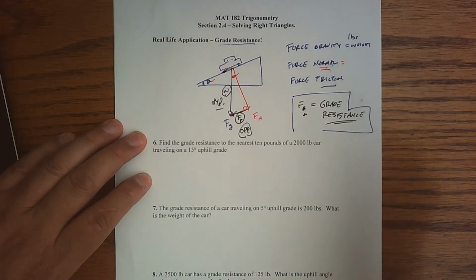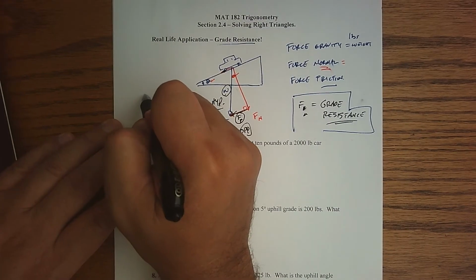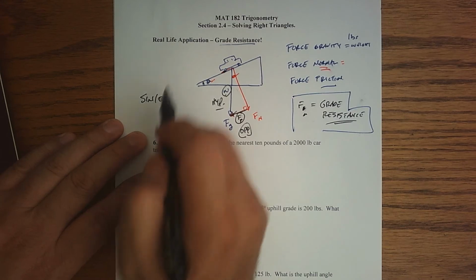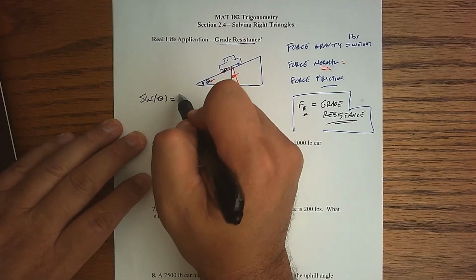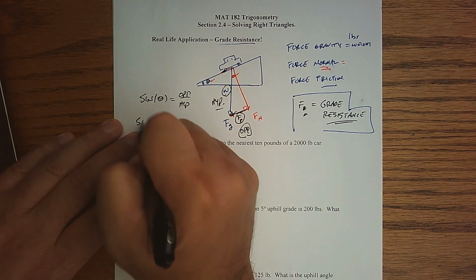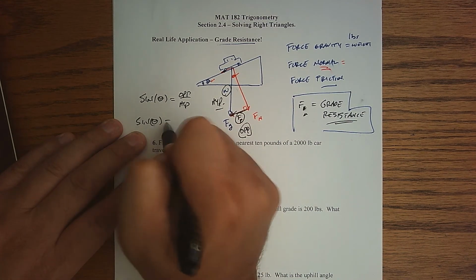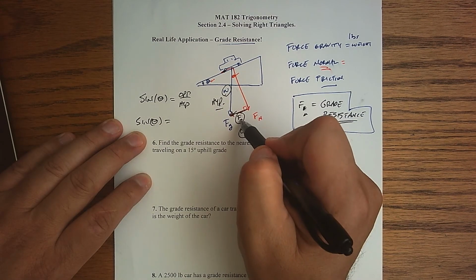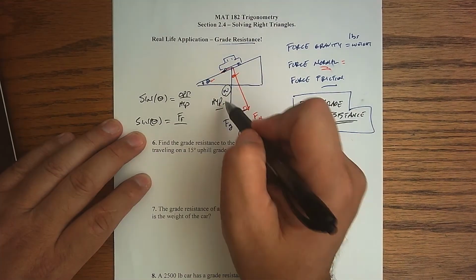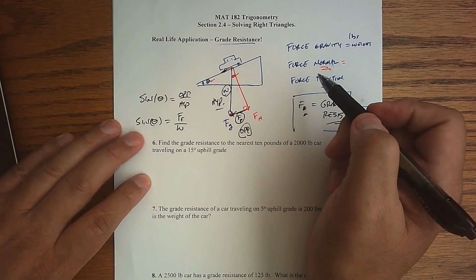And so it turns out, if we set this up, that the sine of that angle, and again, that's the angle of elevation, we know to be equal to the opposite over the hypotenuse. But in this case, the sine of theta is equal to the grade resistance, let me call it F, divided by the weight of the object itself.